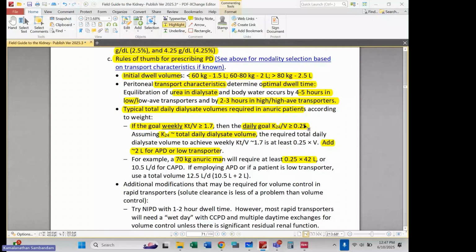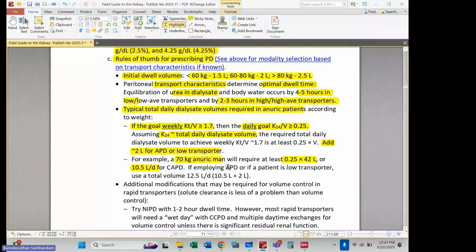So that would be 10.5. That's just 0.25, this target K over V, times 42 liters, which gives me the K. I'm simply solving for K. To solve for K, I multiply 0.25 times V. That'll give me my total clearance in a day, liters per day.